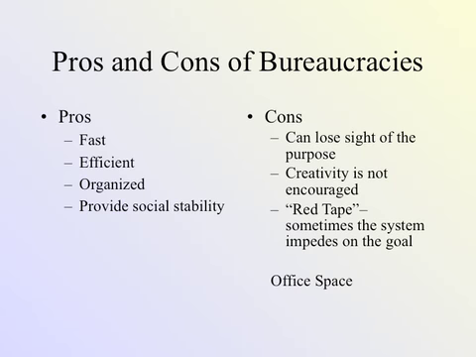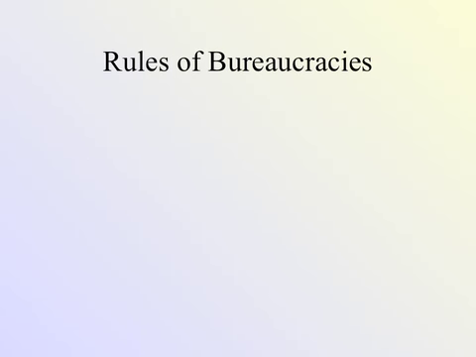Concerning bureaucracies, we've got a couple of different rules of bureaucracy. The first is the Peter principle, which says that in a hierarchy, like a bureaucracy, every employee tends to rise to his or her level of incompetence, which is kind of funny when you think about it. Think about a workplace where you're doing a fabulous job in your current position, so you get promoted, right?